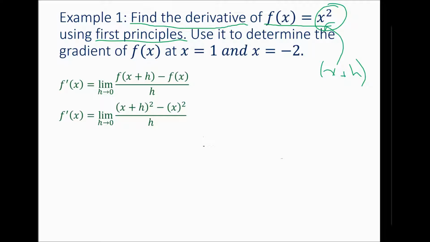Now, if I was to expand this, please don't tell me it's x squared plus h squared. Every time you do that, it breaks my heart a little bit. It's really important that we're using the expansion pattern.